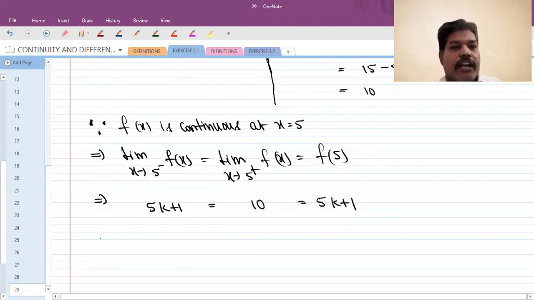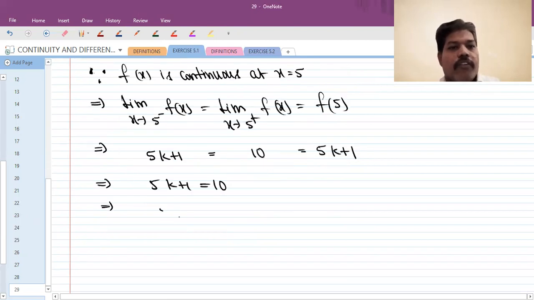From these three conditions, we can take 5k plus 1 is equal to 10. That implies 5k is equal to 10 minus 1, which becomes 9. So the k value will become 9 by 5.